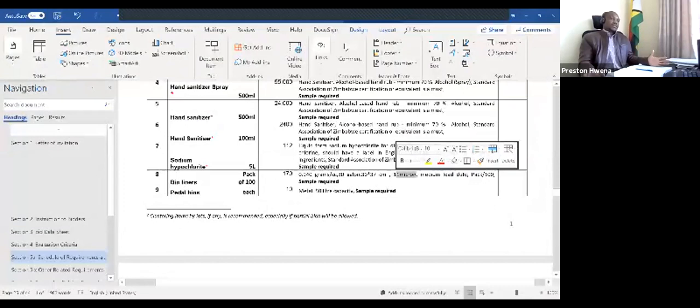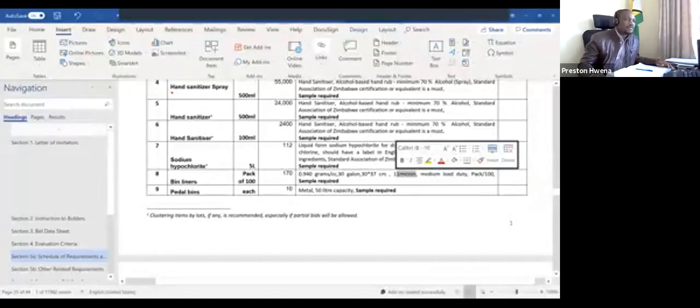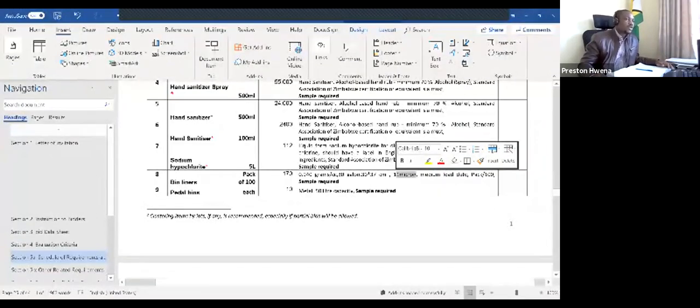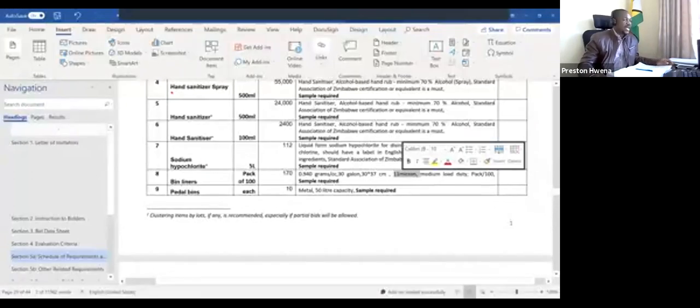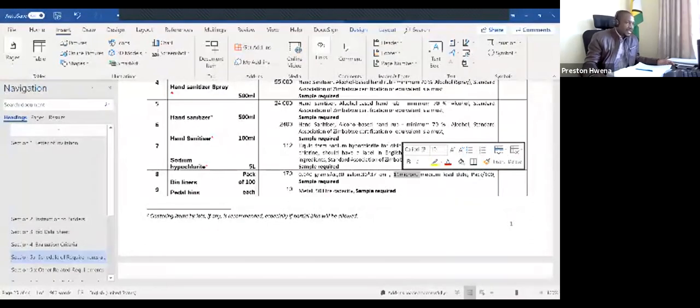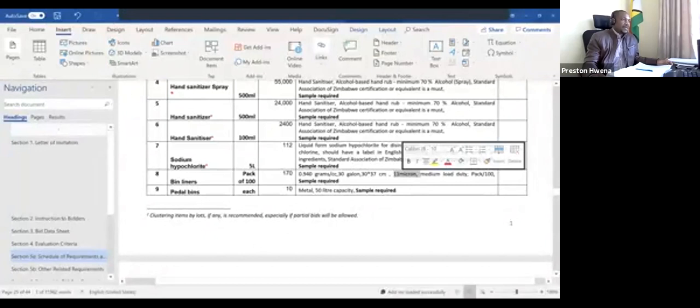So don't send 5 micron, because what we require is 11 micron. Anything less than 11 micron will not be required. I can accept 15 micron, but not anything less than 11 micron.